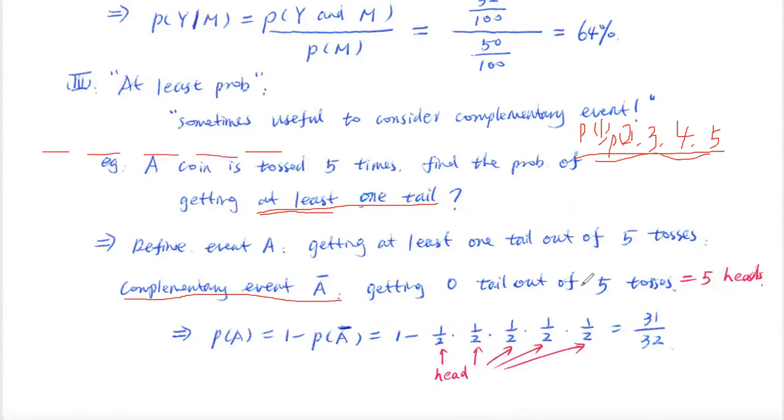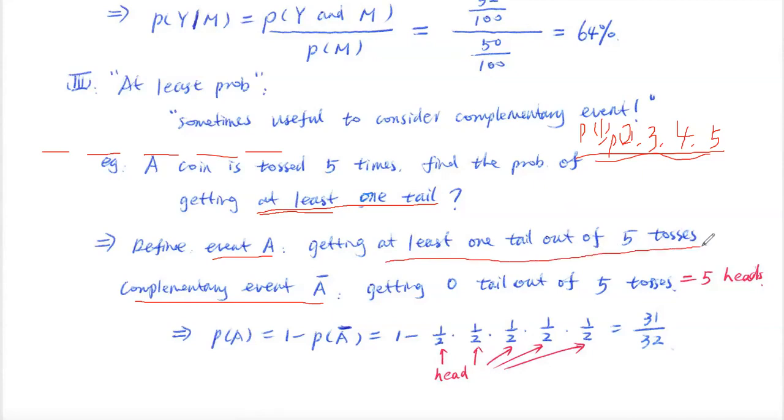Now we have another way to solve that, which is the one we mentioned earlier: using the complementary event. Think about this statement. We define this as an event or statement: we want to get at least one tail.